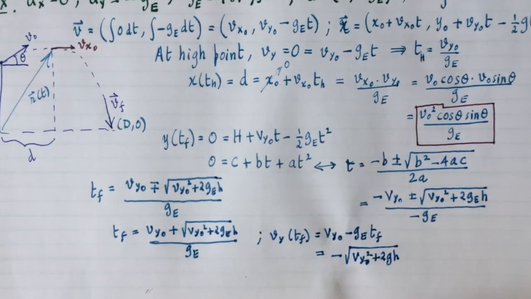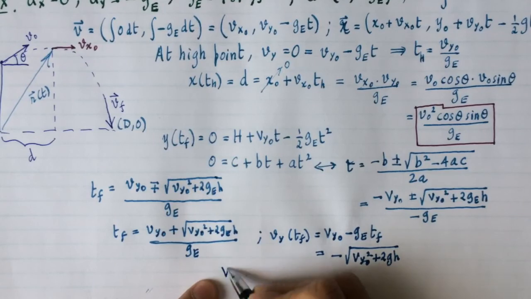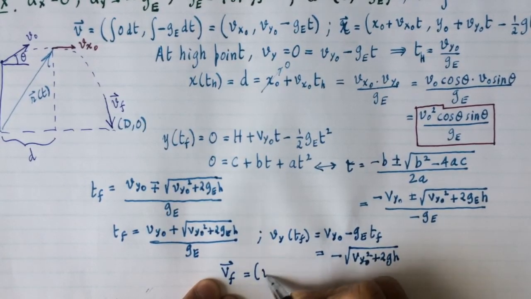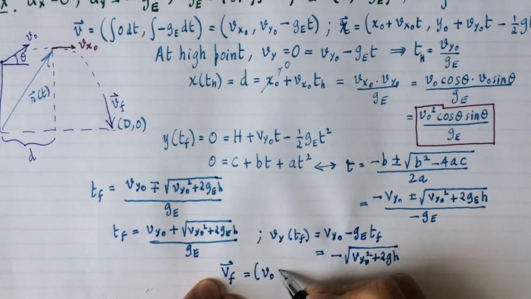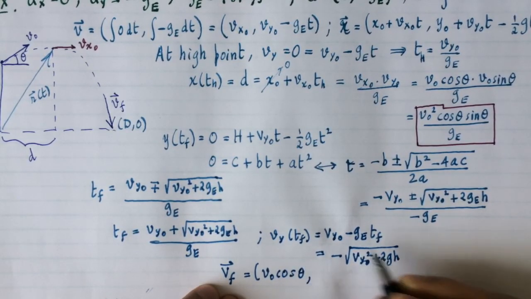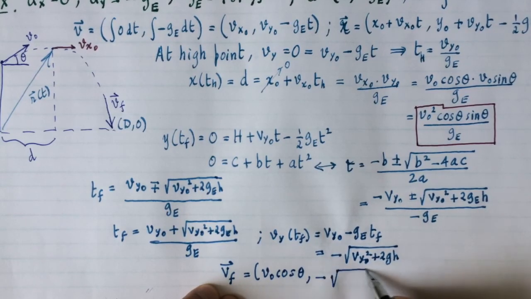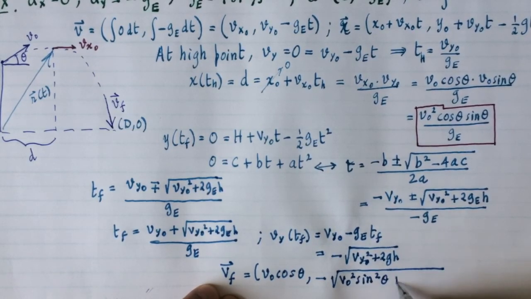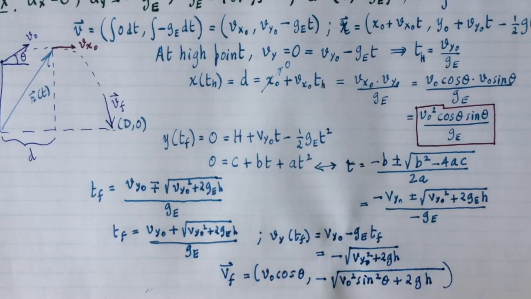So the final velocity as a vector can be written as the x component, which does not change. That's v0 cosine theta. And then you have the thing that we found here, which is the square root of v0 squared sine squared theta plus 2gh. And that's the final velocity in this problem.